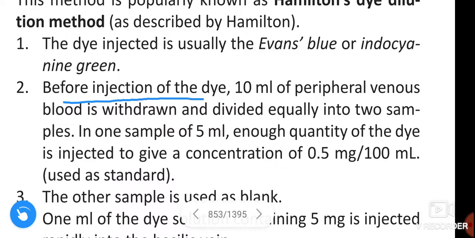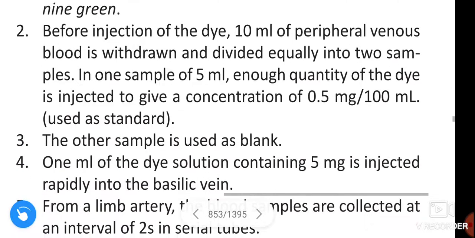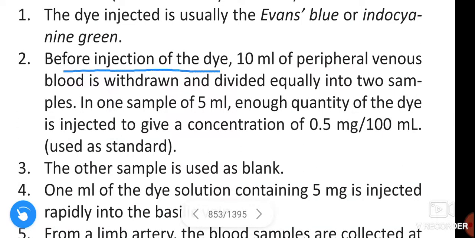Before injection of the dye, 10 ml of peripheral venous blood is withdrawn and divided equally into two samples.